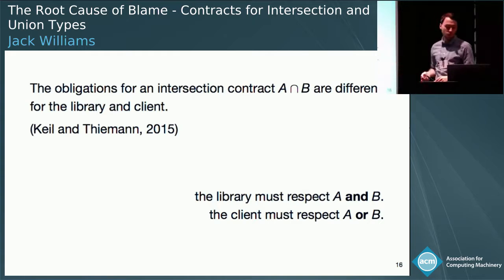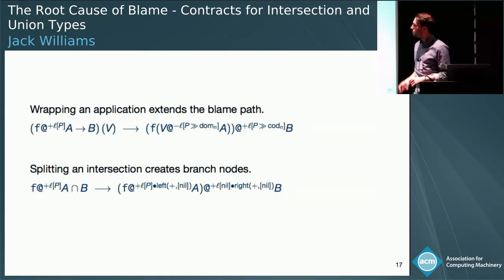So taking this idea about blame, how might we have this for uniform monitoring rules? We now have these modified monitoring rules, and the key idea here is that we add provenance to our blame nodes, the things that are attached to each contract. For functions, we have this path variable, what I call a blame path, and whenever we apply a wrap, we extend the path with markers that tell us whether this is the domain contract or the codomain contract.